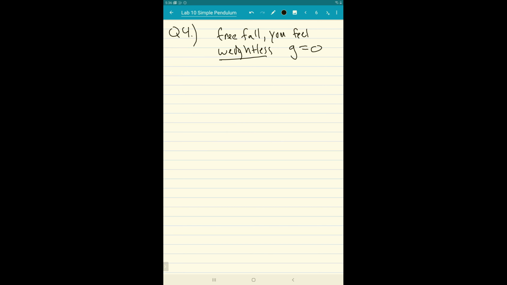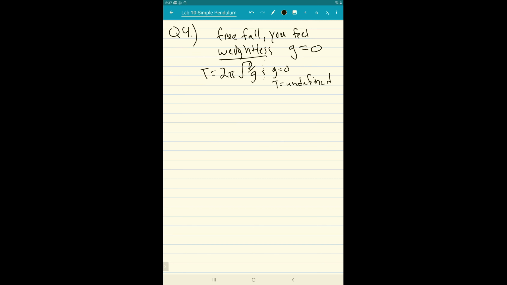Okay. Now, period is 2 pi square root L over g. So if I plug in g equals 0, I divide by 0, I get T is undefined, right? Which is basically saying that it doesn't exist. It's not infinity, it just doesn't exist. T is undefined.